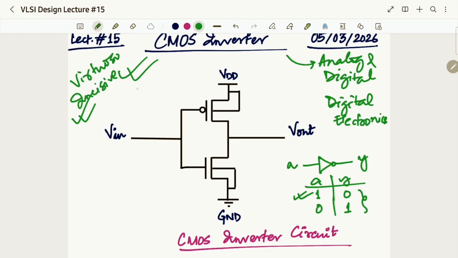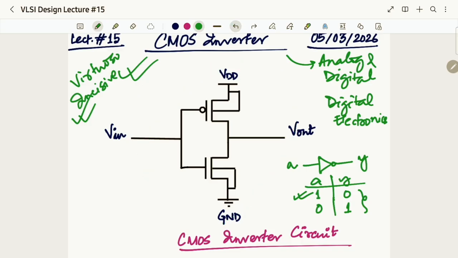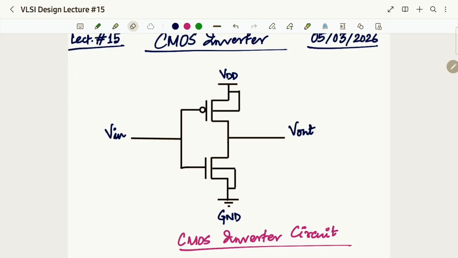And this is the schematic in our Virtuoso lab that we have completed, isn't it? So we are well accustomed with this diagram. Now, we know that the logic of an inverter is whatever is the input, the output will be its inversion. That means if I am giving a logic 1 here, I am getting a logic 0 as the output.